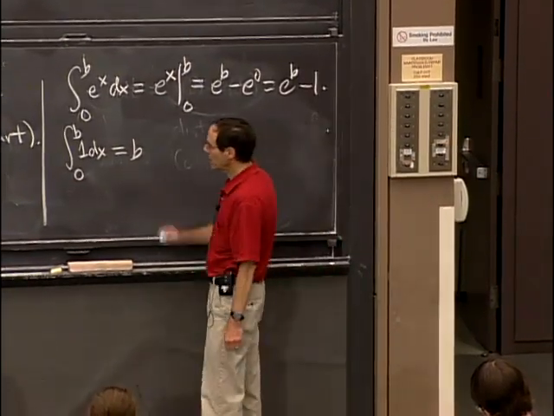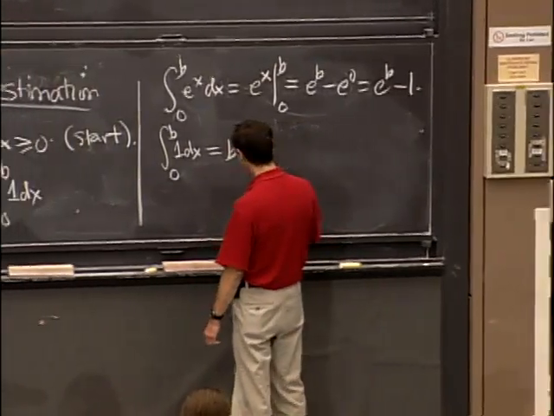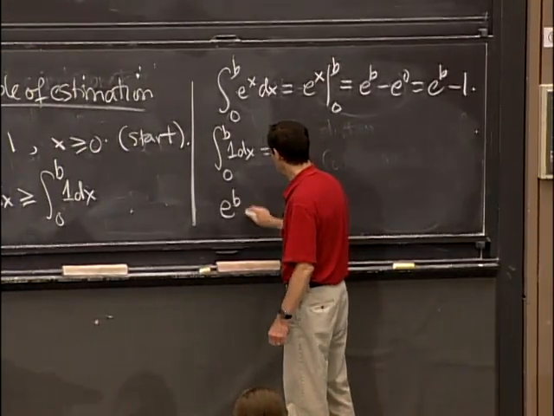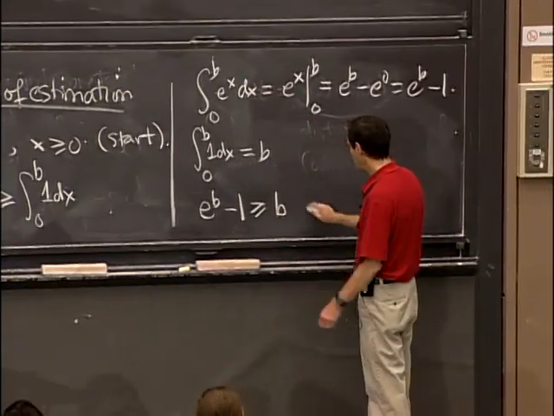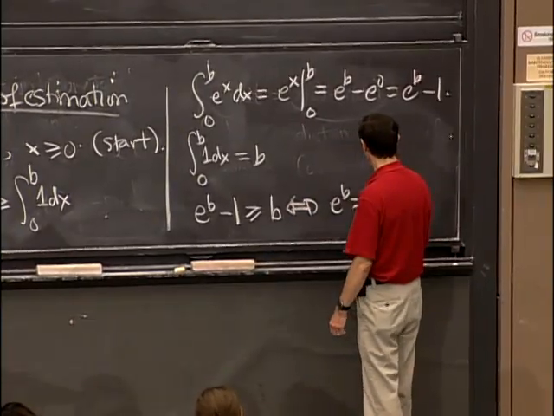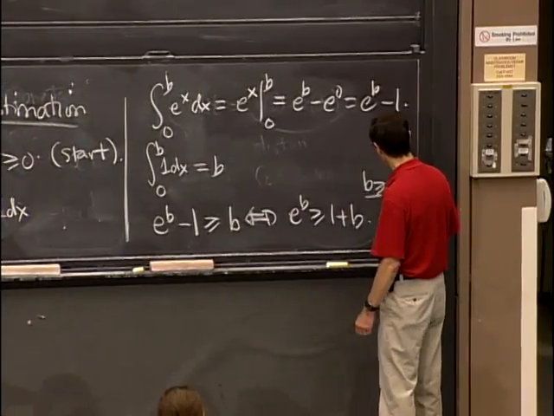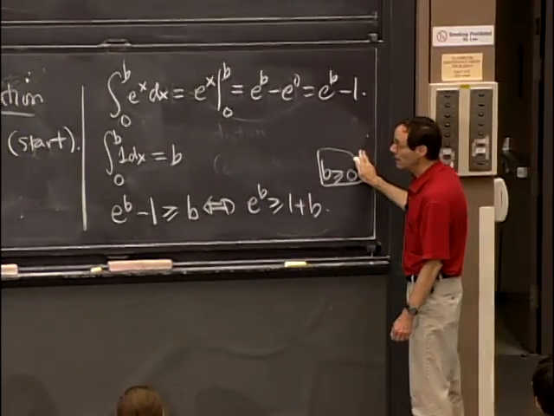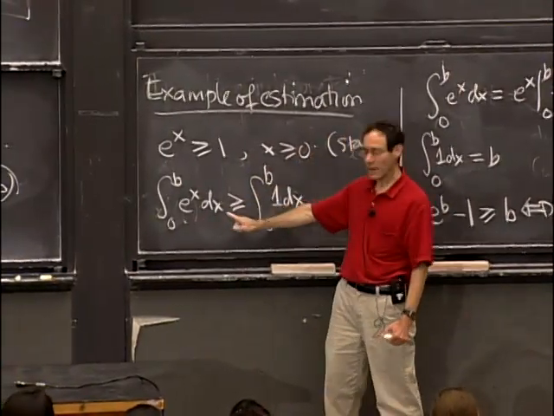That means that our inequality says, if I just combine these two things together, that e to the b minus 1 is greater than or equal to b. And that's the same thing as e to the b is greater than or equal to 1 plus b. Again, this only works for b greater than or equal to 0. Notice that if b were negative, this would be a well-defined quantity.